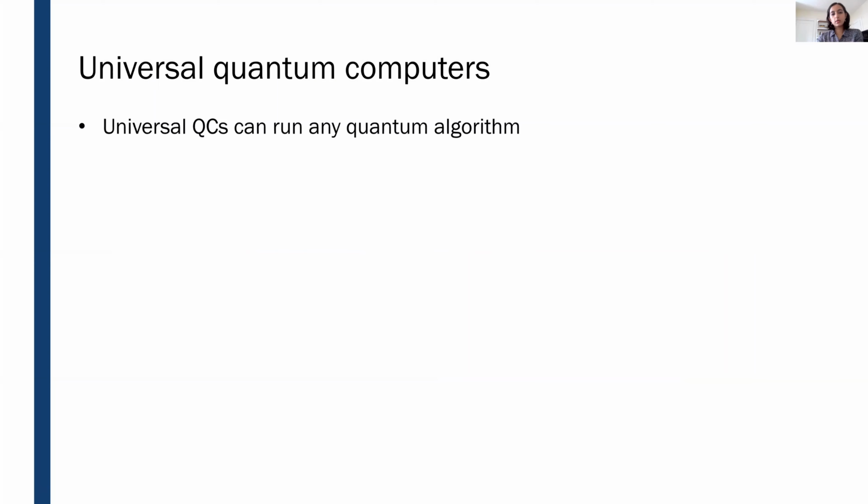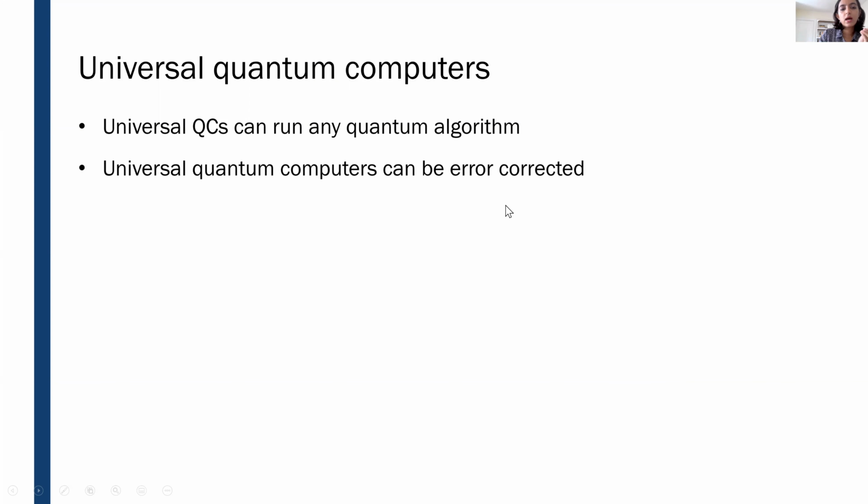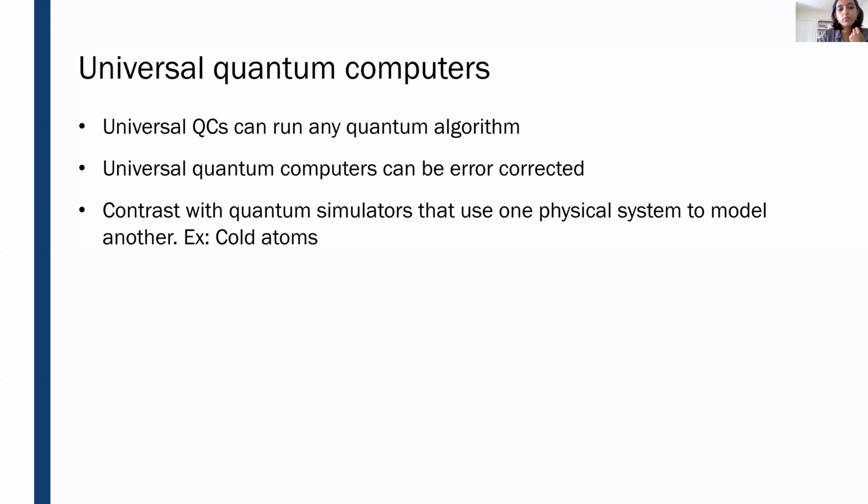And then the quantum computers built by IonQ, IBM, Google, all of these people, they are universal quantum computers. An easy way to understand what they are is by saying that they can run any quantum algorithm. And the second thing is that they can usually be error corrected. This should be contrasted with quantum simulators.